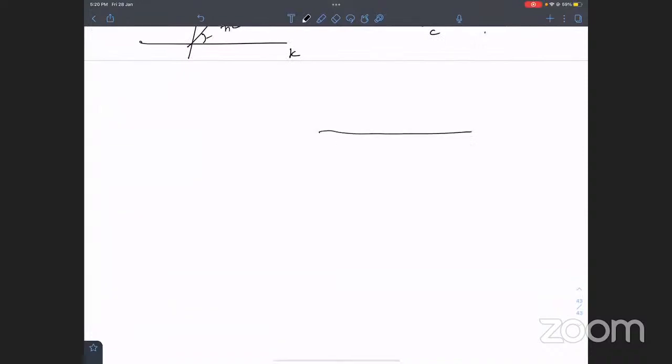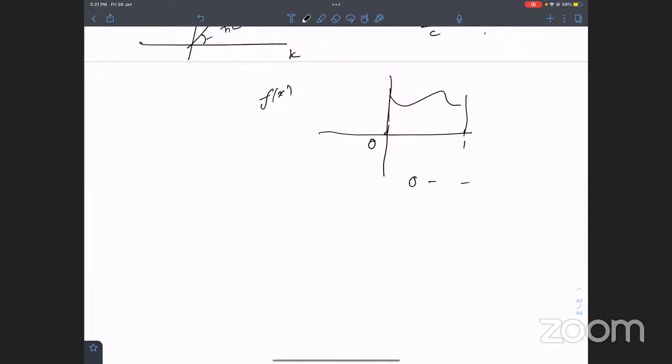See, if I have a function f of x that is defined on the real line, then if you have to specify it in the form of a table, you need infinite numbers, right? How many numbers are there between 0 and 1? Infinite numbers. So if I have to specify some arbitrary function in the form of a table, I'll say, okay, at 0 its value is this, at 0.1 it is this, at 1 it is this.